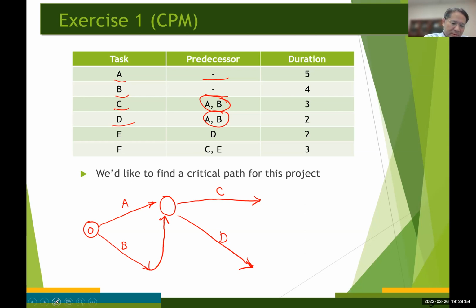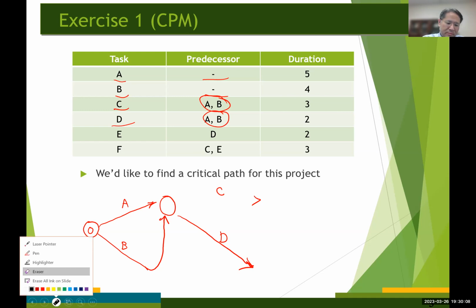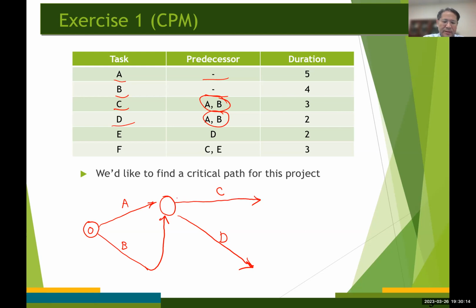So in this case, activity C has two predecessors, A and B, and D also has two predecessors, A and B.